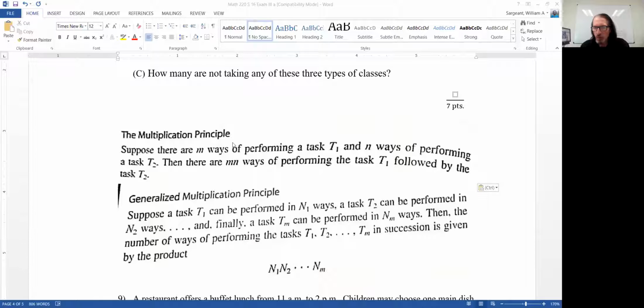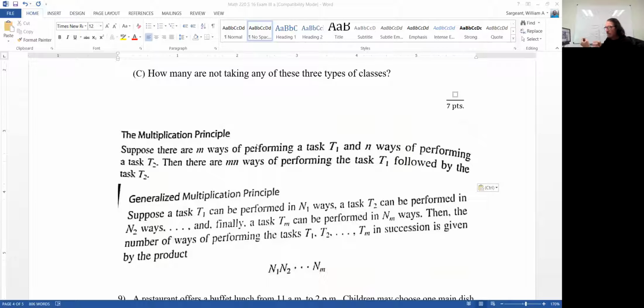So what we just saw there was an application of the multiplication principle. If we had also been asked about selecting a dessert and we knew how many ways there were to do that, then you could consider the choosing of the appetizer and entree as one task, and the choosing of a dessert as another task, so that we would find out how many ways there are to do all 3.